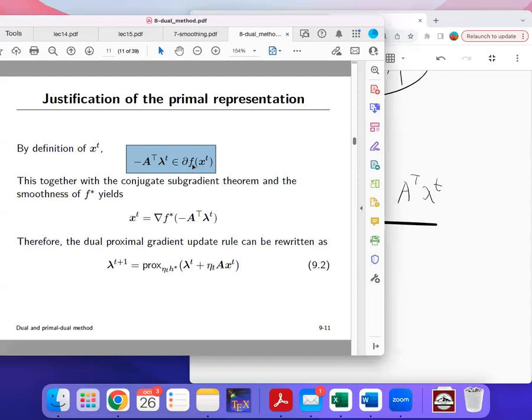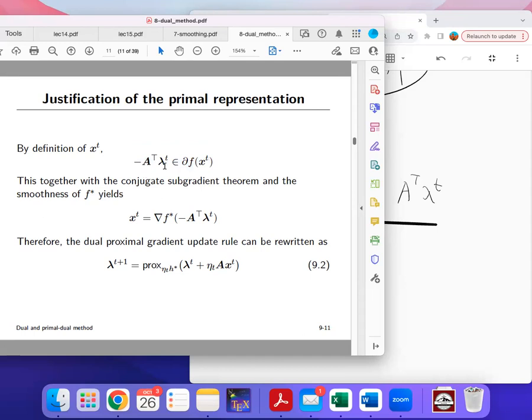Then we can take the inverse. We can move this subdifferential to the left-hand side and solve for xt. By this conjugate subgradient theorem, we can do that. However, when you move this to the left-hand side, this f becomes conjugate.